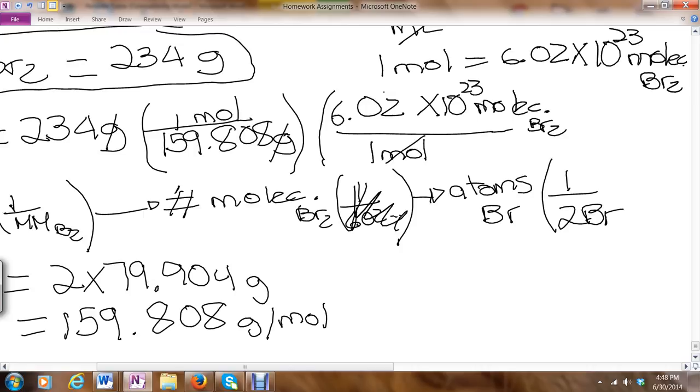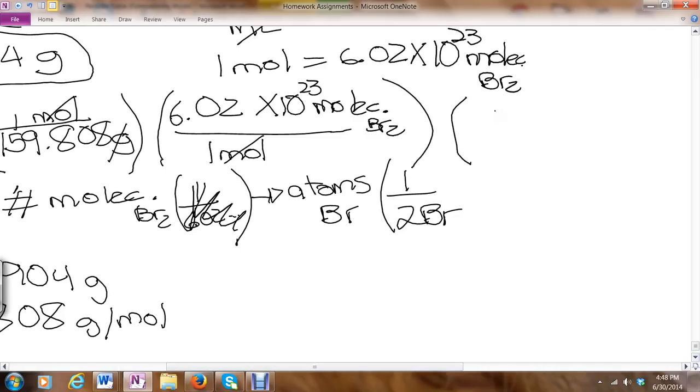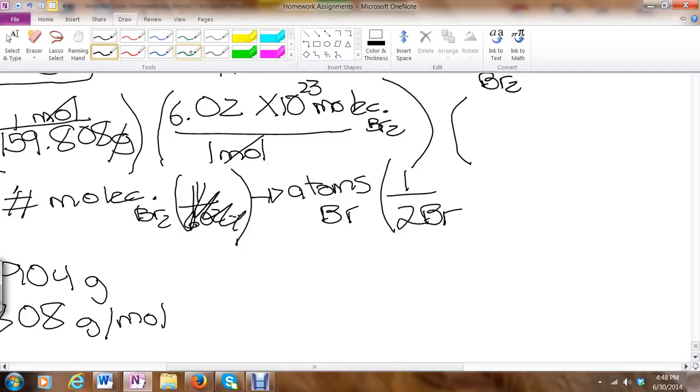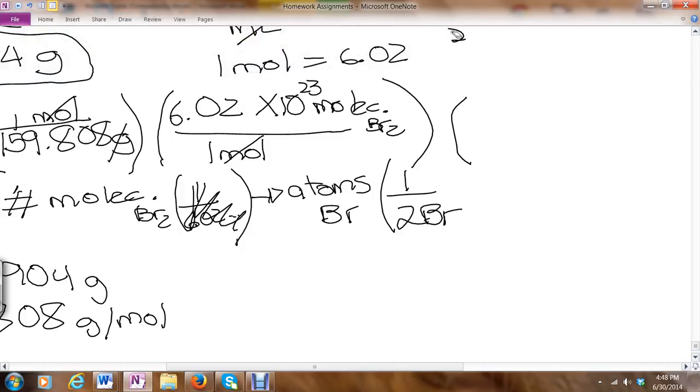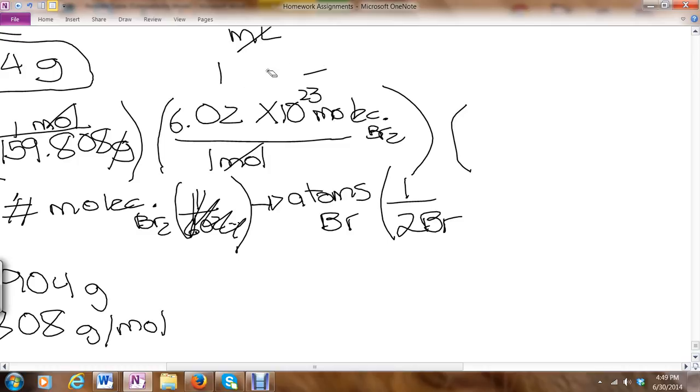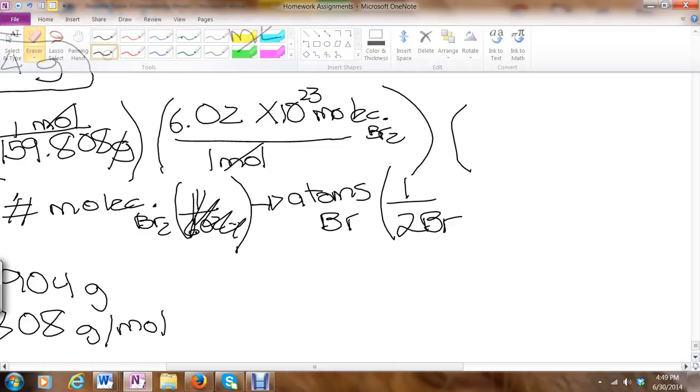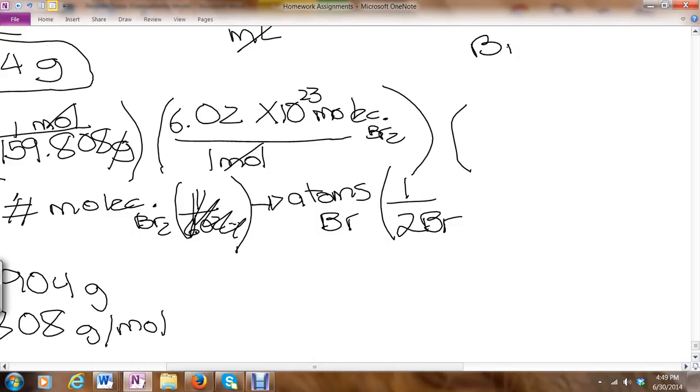So again, we cancel out moles with moles, and now we convert this to atoms of bromine. Let me erase the top one for a second because it's going to become a mess. In 1 molecule of Br2, how many atoms of bromine do you have? 2 atoms of bromine.